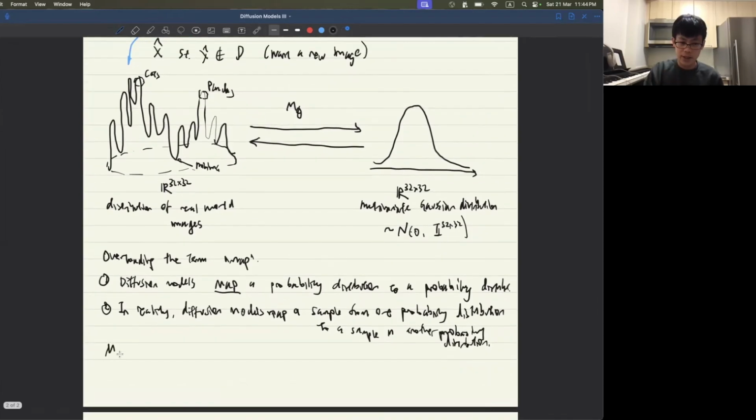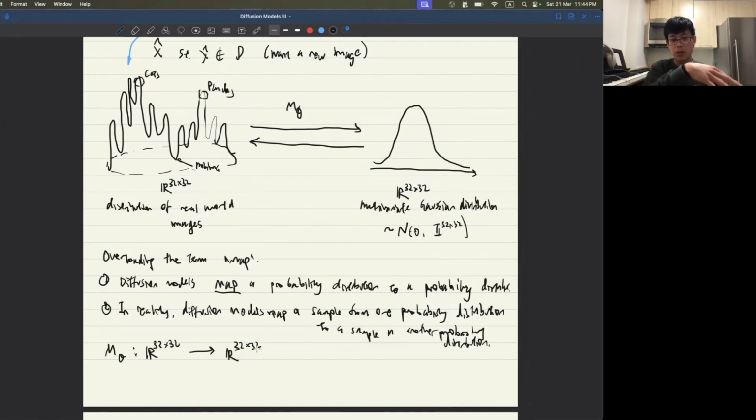So in reality, this M_theta is a model that will map, in our case, our R^(32×32) real-world image into an R^(32×32) multivariate Gaussian distribution, or vice versa, right? It is going to map a sample from one probability distribution to a sample in another probability distribution. And in doing so, it is actually mapping a probability distribution to a probability distribution. You can just imagine, right?